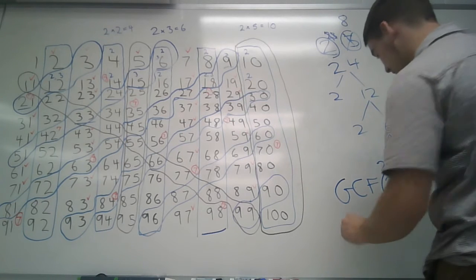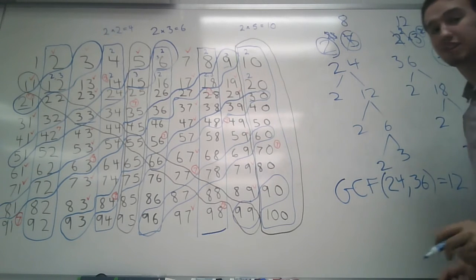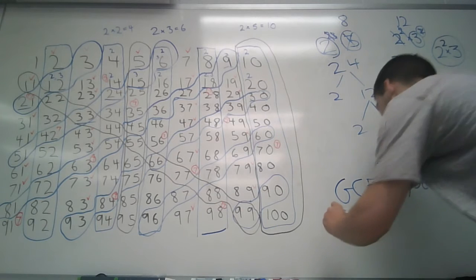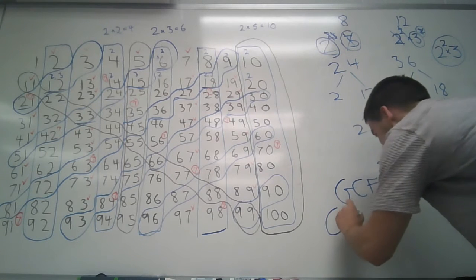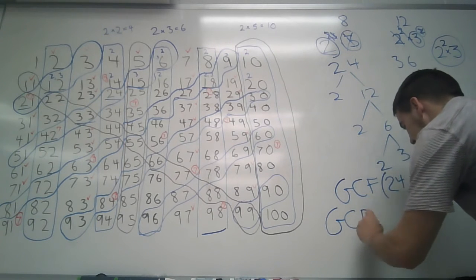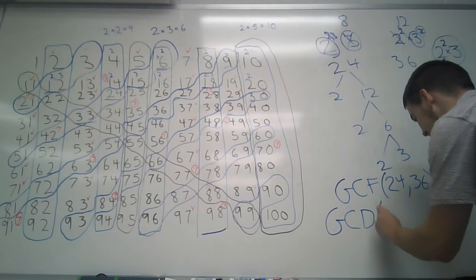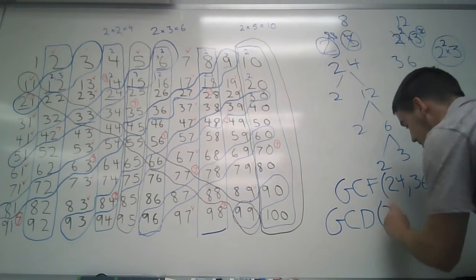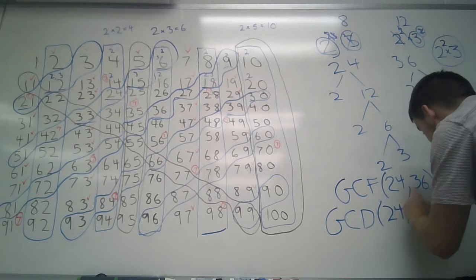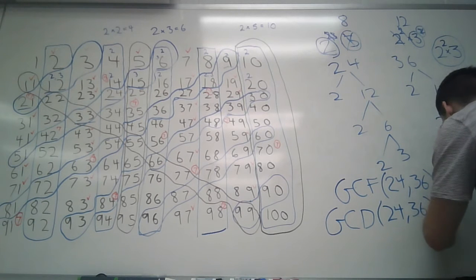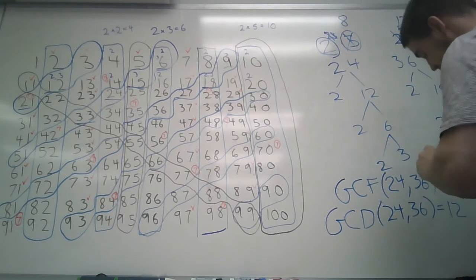Some also call that greatest common divisor because it's the greatest number that divides those two. So if I say GCD, it's the same thing, but I'll probably call it greatest common factor or greatest common divisor for now, of 24 and 36 equals 12.